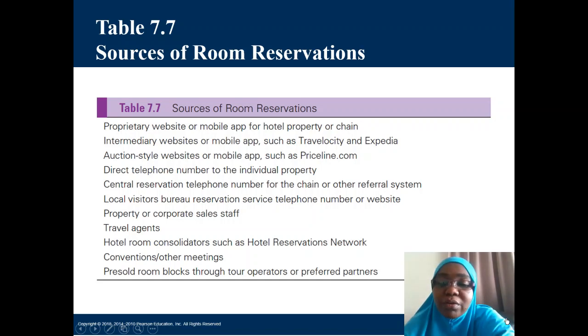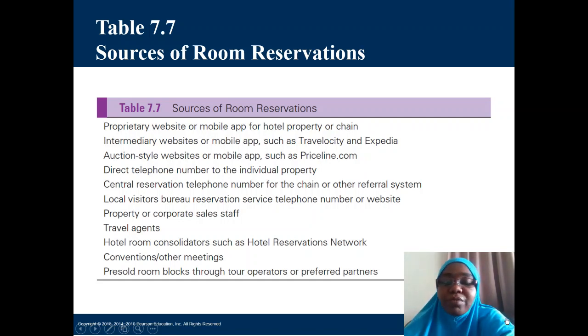So you can also make your reservations via these websites or their applications. We also have the auction-style websites or mobile apps such as Priceline. You can also make your reservations through a direct call. You make a direct telephone call to the individual property or hotel. You can also use the central reservation telephone number for the chain or other referral system.